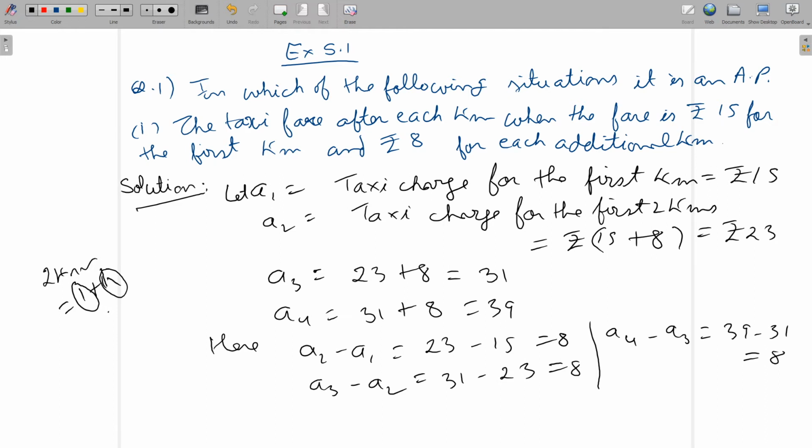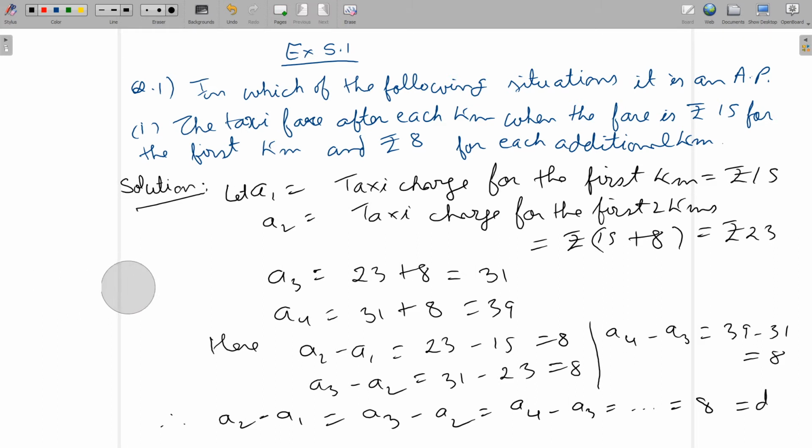So what we are getting here? Therefore, A2 minus A1 equals A3 minus A2 equals A4 minus A3, and if you go on, we will be getting the same, equal to 8, and that is equal to d, the common difference. Therefore, we can say the given sequence is an AP.